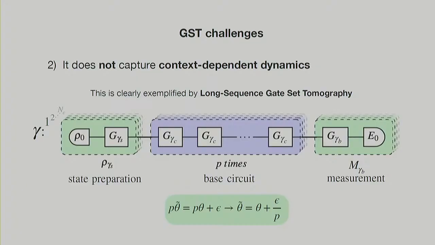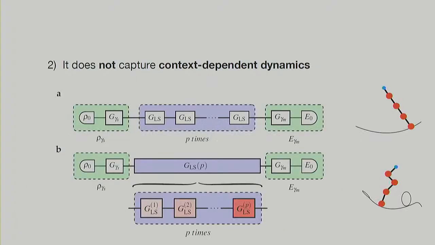And once you have amplified those errors, you can recover them with this fitting at an enhanced accuracy. That's the idea, okay? Now, the problem with this is that inherently it assumes that the gates that you're applying act in the same way at any point in your circuit. And this is not always the case.